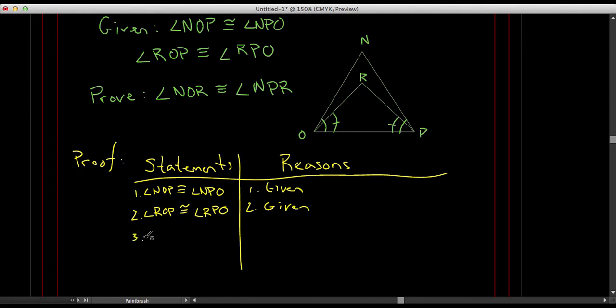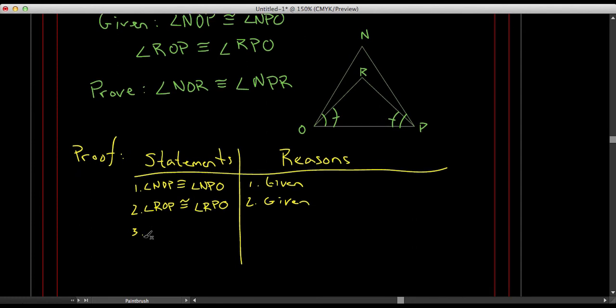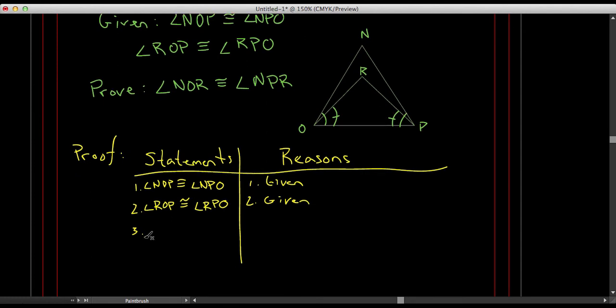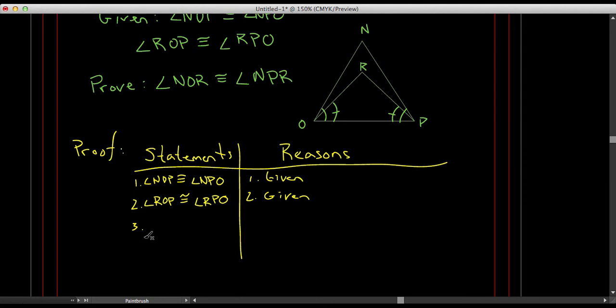And believe it or not, I think we can already determine from this information that the two angles are congruent. And this is because of a property. And that property I already mentioned earlier is the subtraction property.